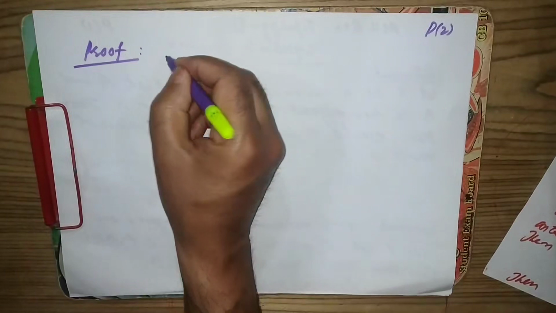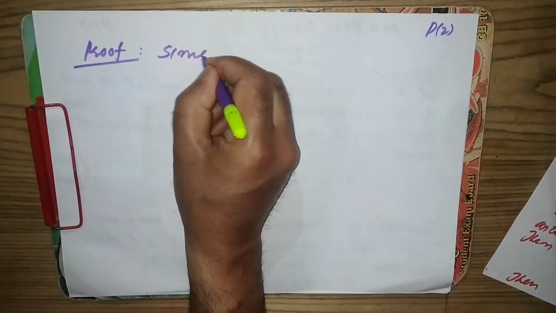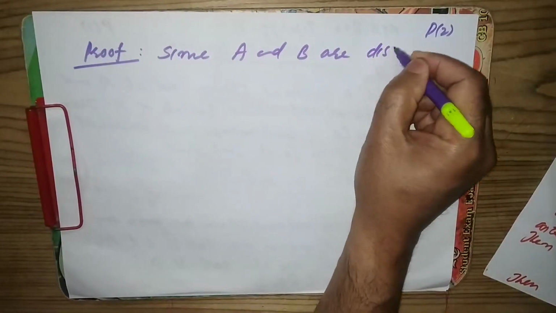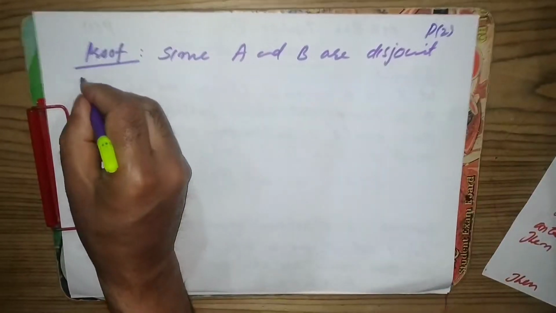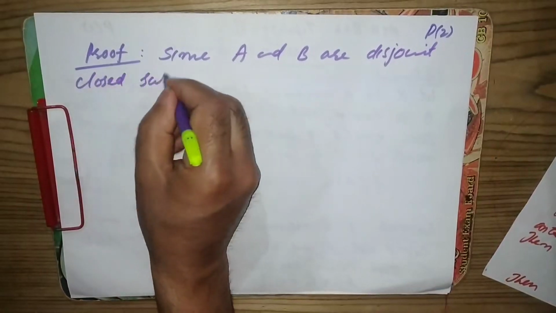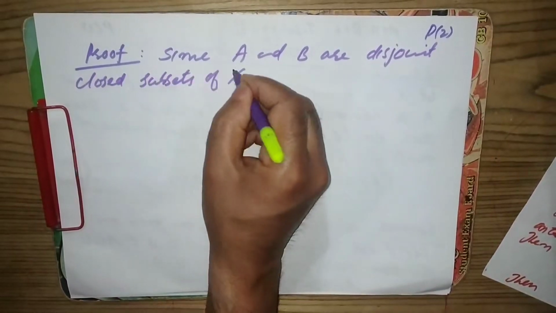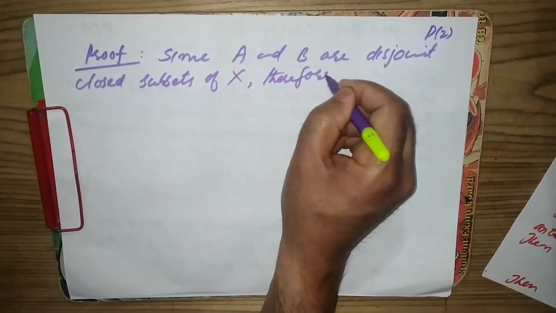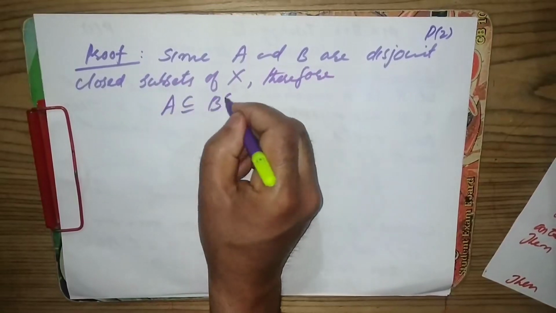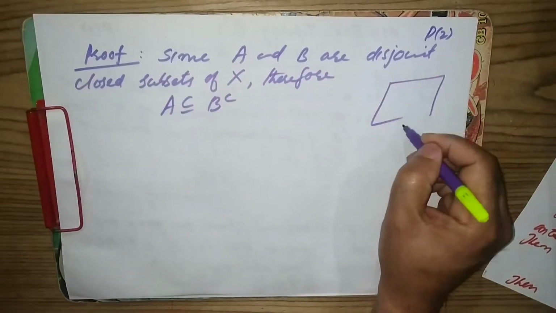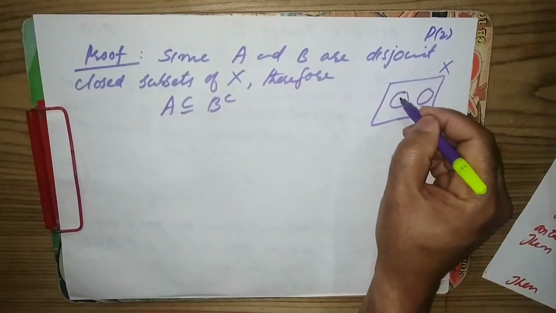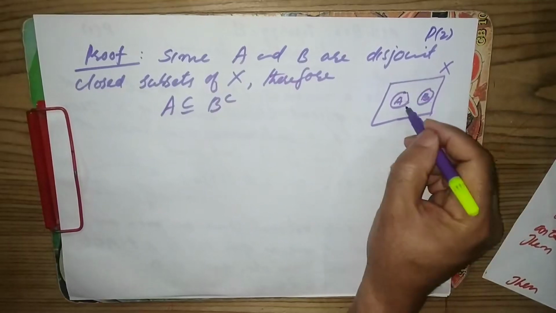So let's prove this lemma. Since A and B are disjoint closed subsets of X, therefore A is a subset of B complement.